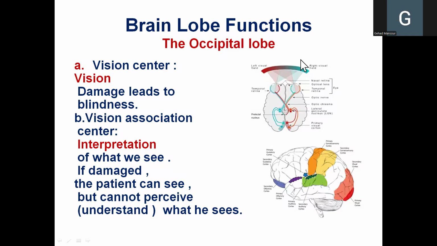As you know, the fusiform gyrus is important for face perception, for object recognition, and also for reading. And the fusiform gyrus is actually present on the lower surface of the occipital lobe and the temporal lobe. So the temporal lobe helps you understand what you see in addition to the visual association area.